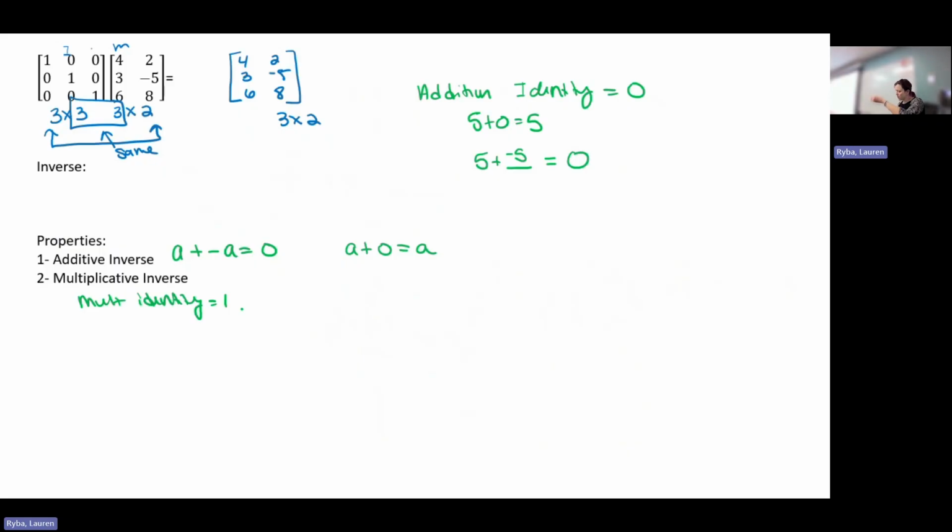When we're working with multiplication, let's say our number is 3, your goal is to determine what you multiply by to get the identity of 1. So what would you have to multiply 3 by in order to turn it into 1?